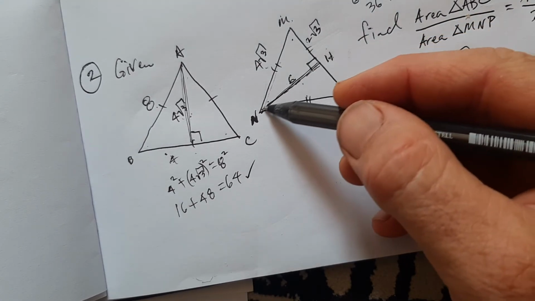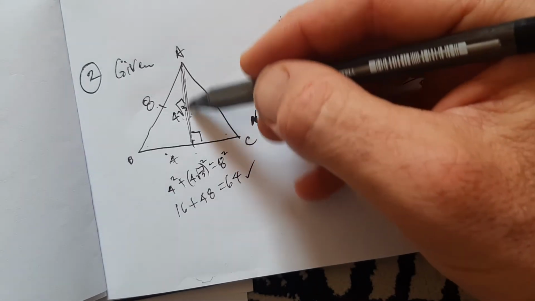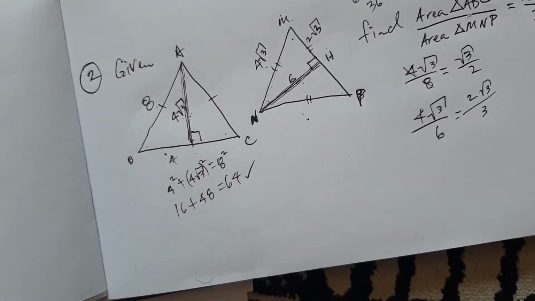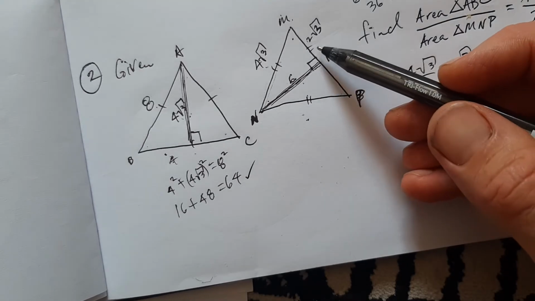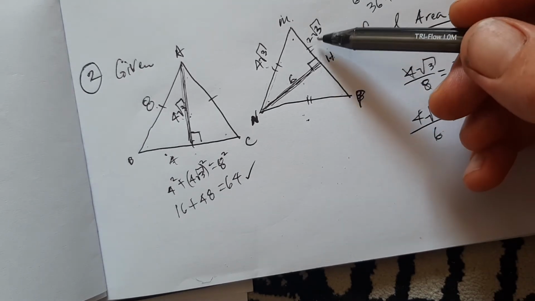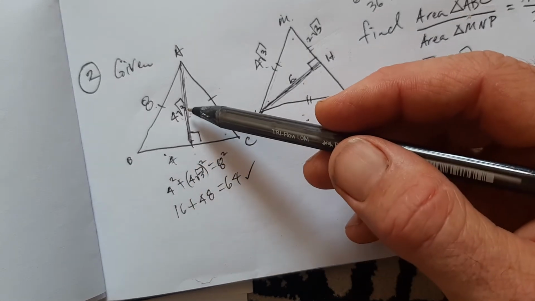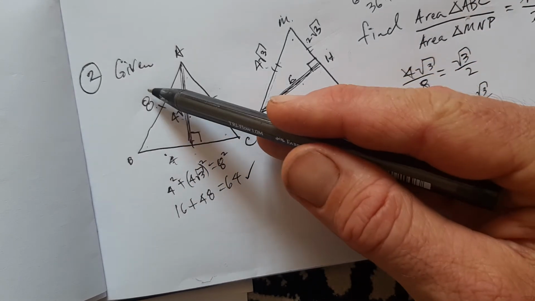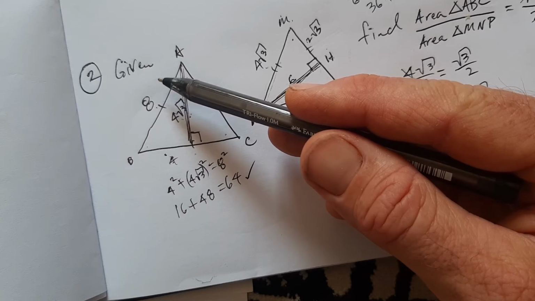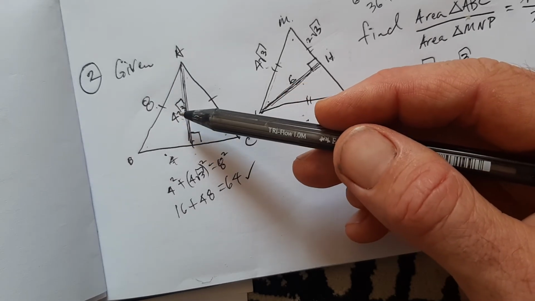There should not be a mistake. These lengths should also be similar lengths. What did I do wrong? Multiplied by 2. I've done something wrong here. What have I done wrong?